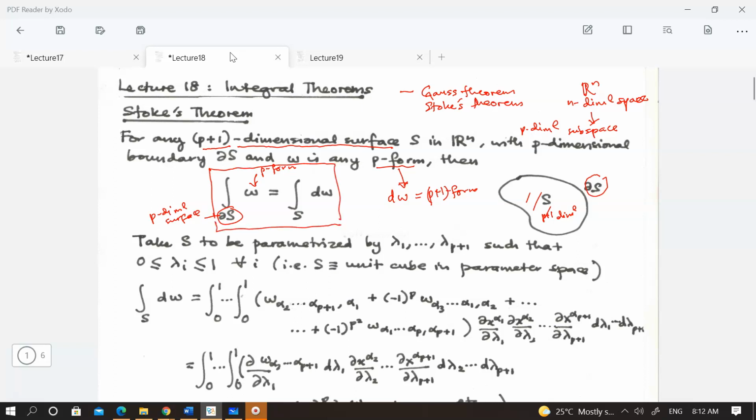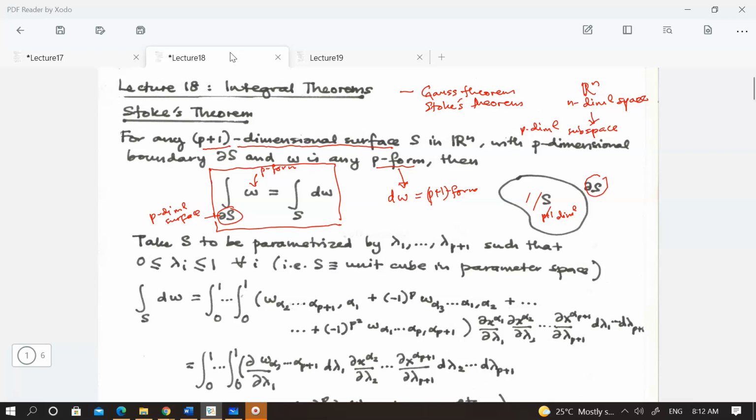The idea here is your Stokes theorem is related to a P form integrated over a boundary, which is equal to the exterior derivative of your P form integrated over the bigger, higher dimensional surface.